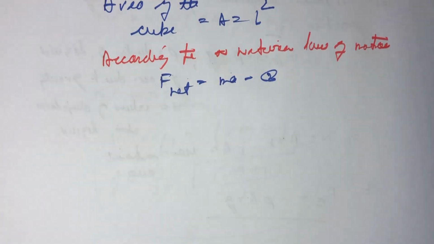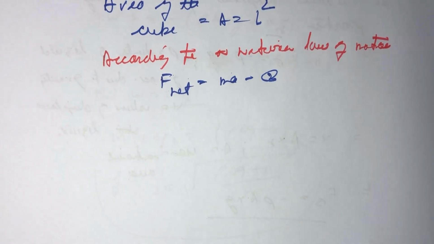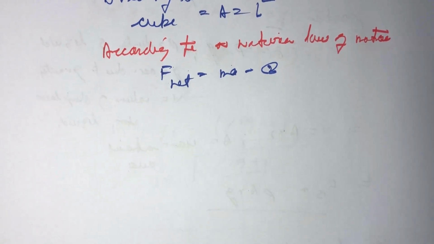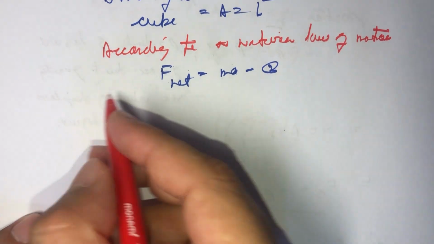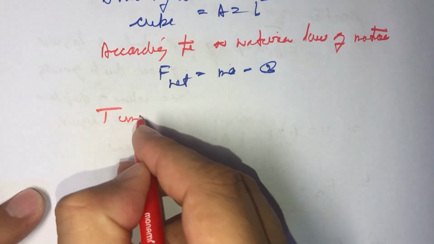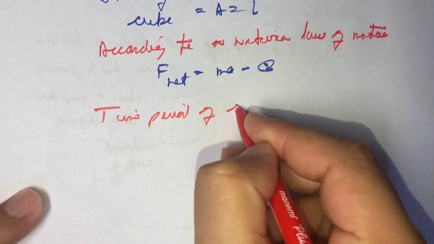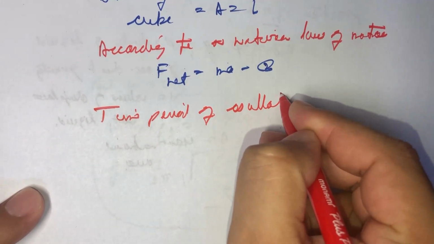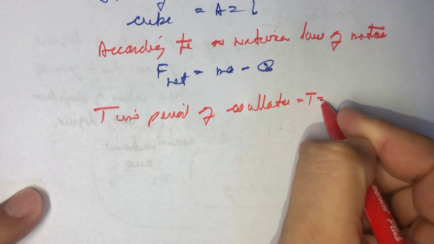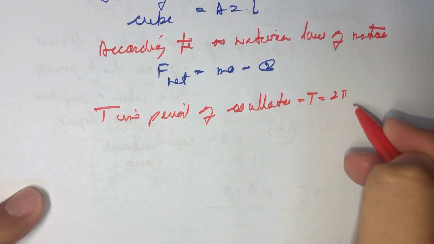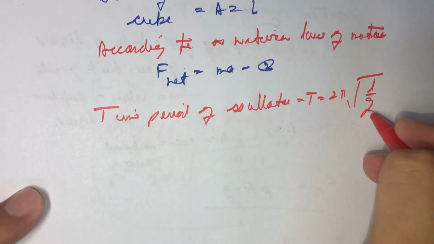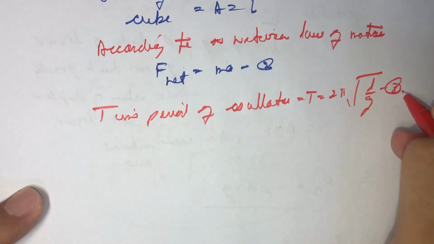Let us call this equation 2, and the time period, the standard formula, is given as T equal to 2 pi square root of L upon g. Let us call this equation number 3.